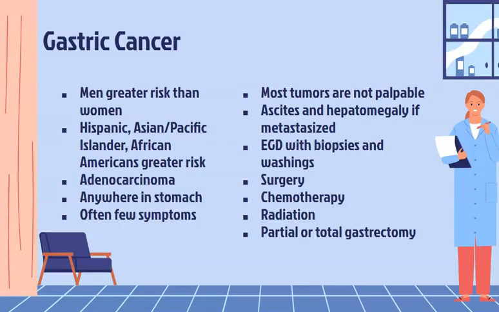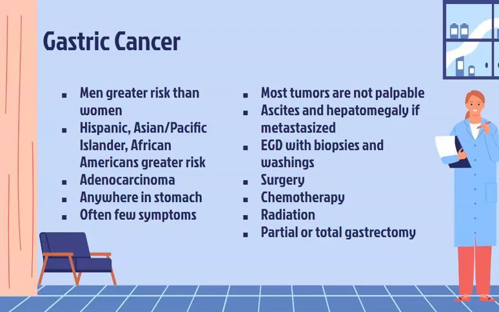Okay, moving on to gastric cancers. This is one of the cancers that men are at greater risk for developing than women, and specifically Hispanic, Asian Pacific Islanders, or African Americans are at greater risk for gastric cancers than Caucasians. These are usually an adenocarcinoma. They can happen anywhere in the stomach, and there's often very few symptoms.